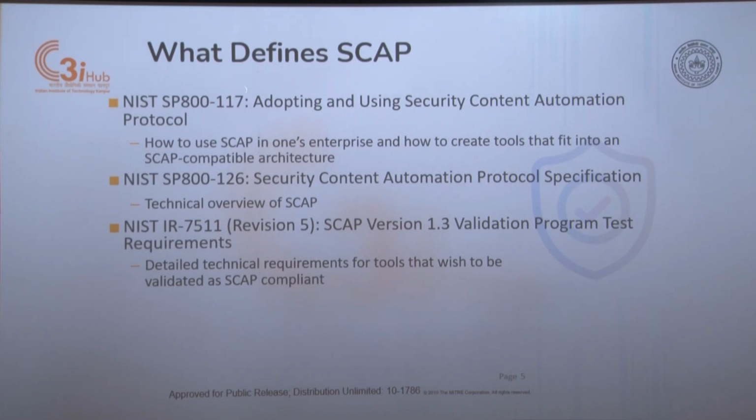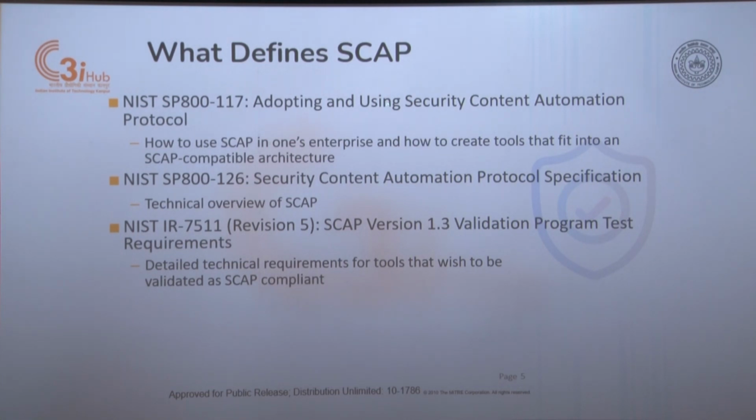So here is the main document where they first talked about adopting and using the SCAP protocol: how to use SCAP in one's enterprise and how to create tools that fit into the SCAP compatible architecture. And then they came up with Special Publication 126, where they give a full specification of the protocol.